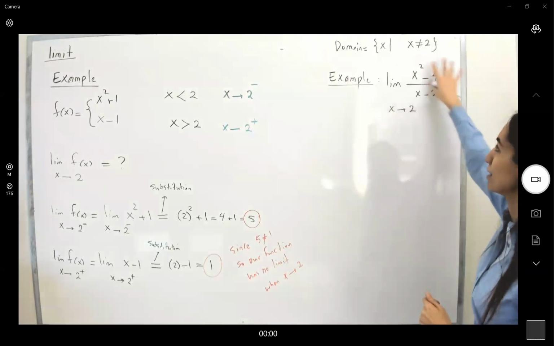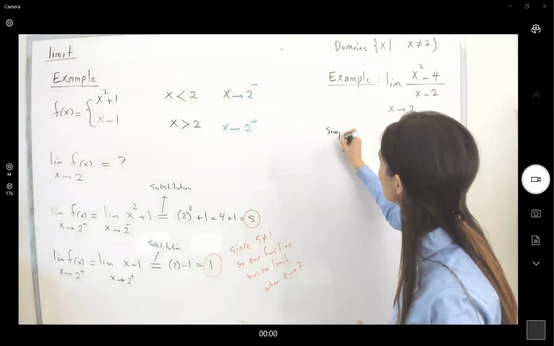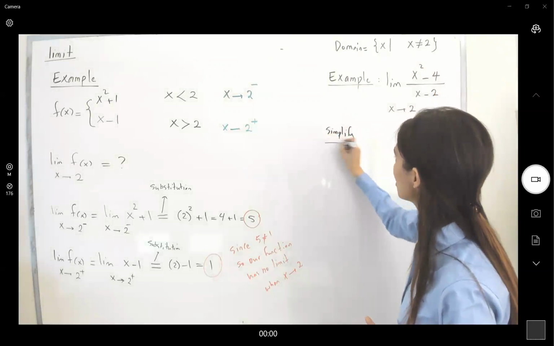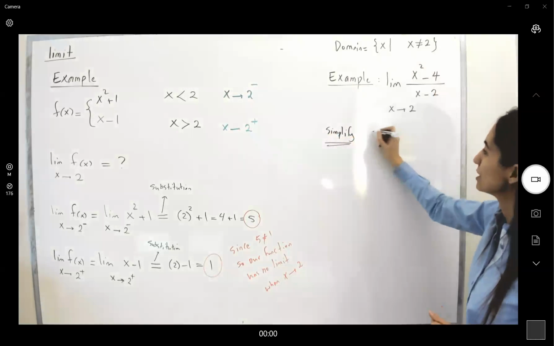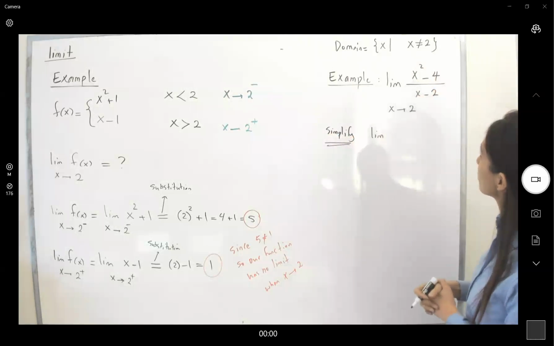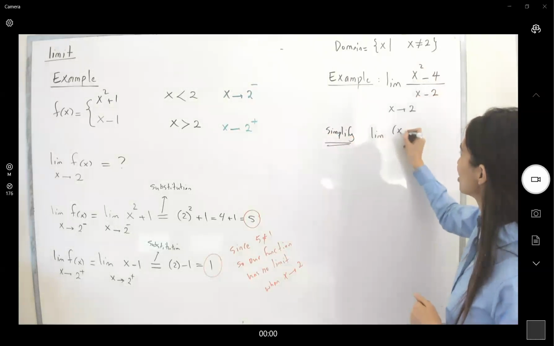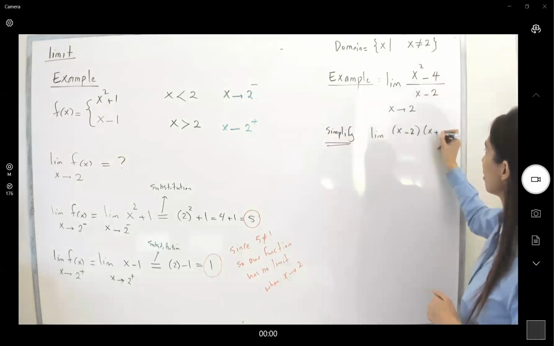Just take a look at this expression. We can simplify this expression by using the difference of squares: x squared minus 4 can be written as x minus 2 times x plus 2.